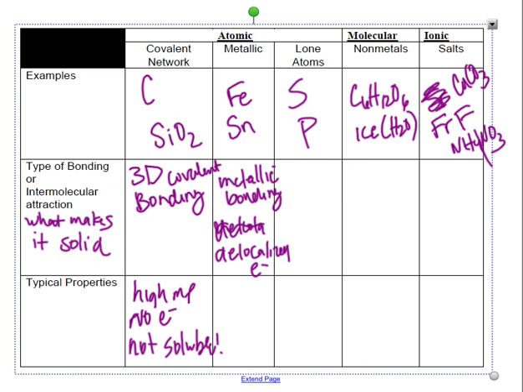What are some properties of metals? Conduct electricity, so yes to electricity. Are these soluble? Nope, not soluble. They are malleable. We got ductility. Now, people will sometimes say, oh, metals are hard. Not necessarily.